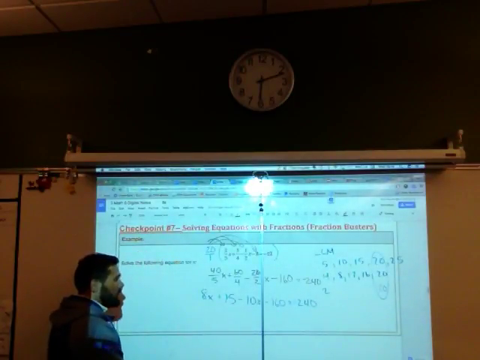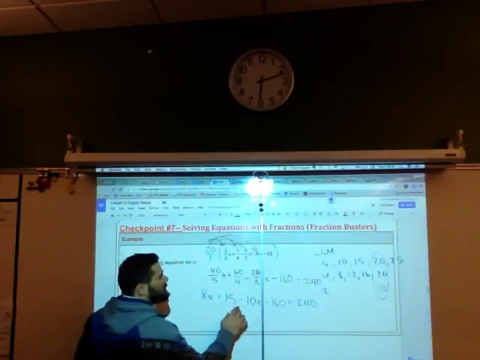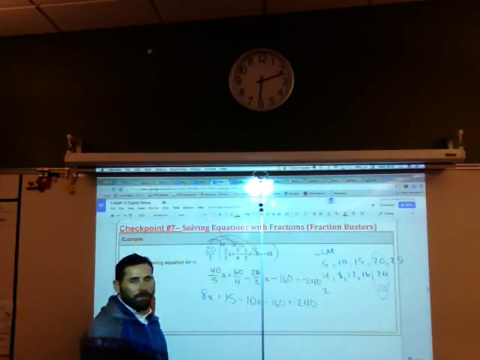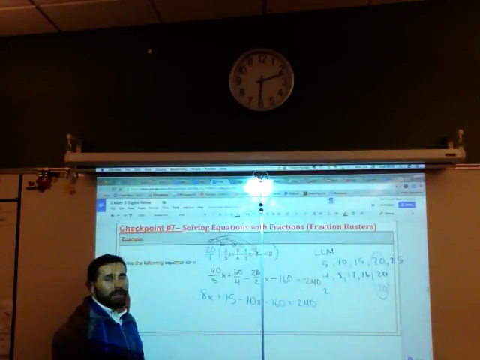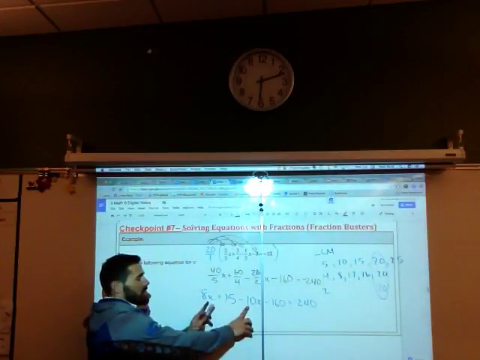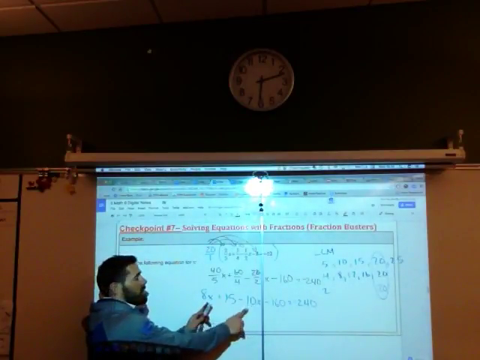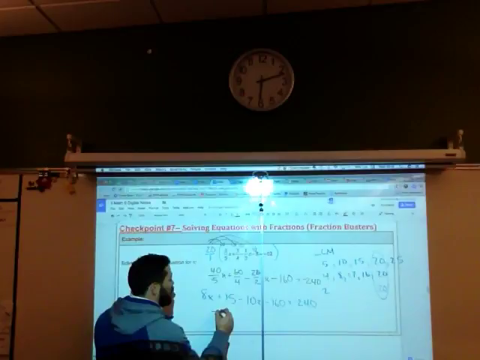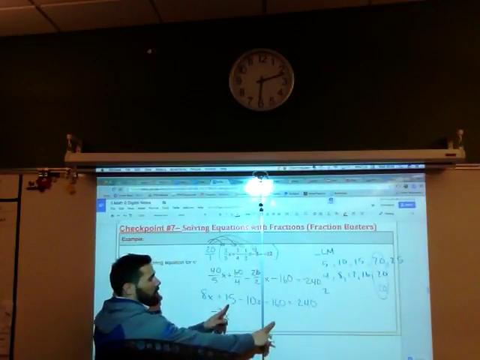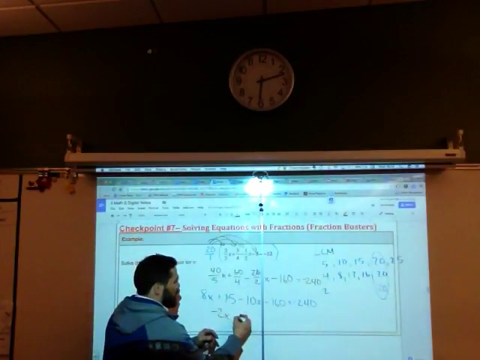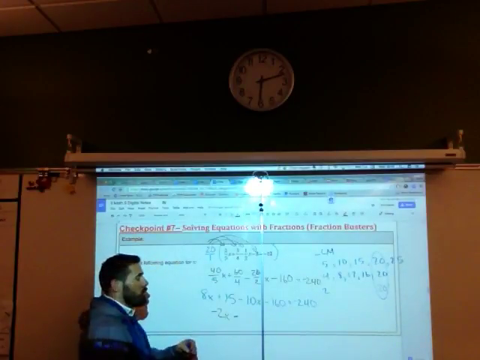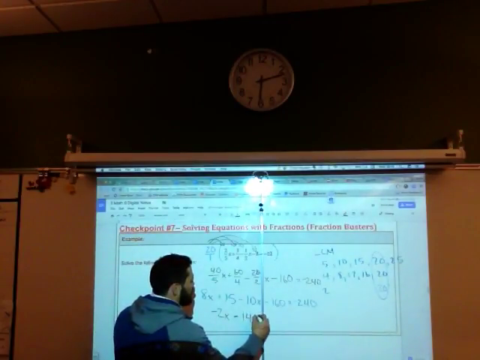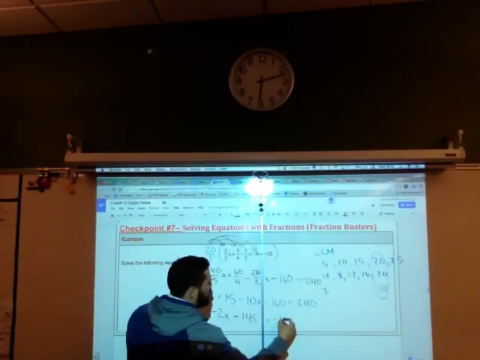So what I'm going to go ahead and do is combine these x's, combine these numbers, and start trying to solve and isolate that x value. If I combine this, an 8x and a negative 10x gives me negative 2x. A 15 and a negative 160 would be negative 145. It's equal to a negative 240.